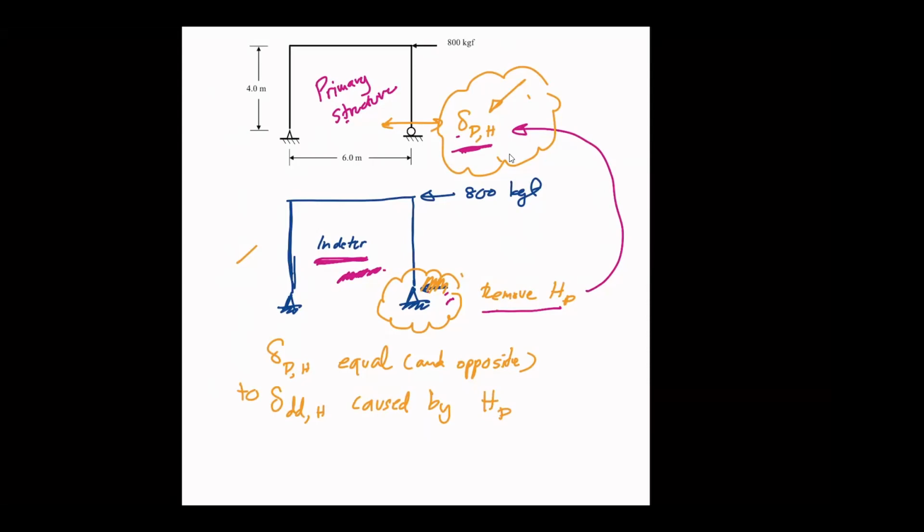Or we can wrap it up and say that delta D plus delta DD H due to HD is equal to 0. So we need to fill in this equation with the values of displacement coming from this primary structure due to the load, and then coming in from this one due to the reaction, which should come from something like this.